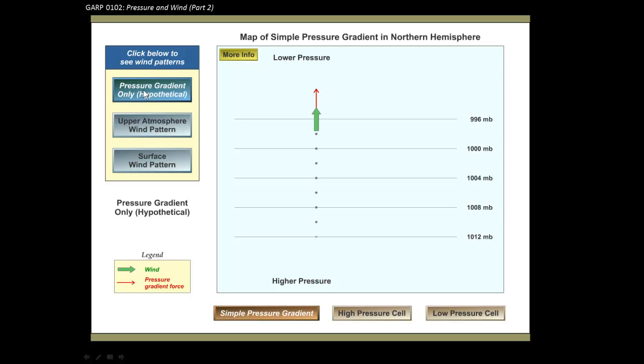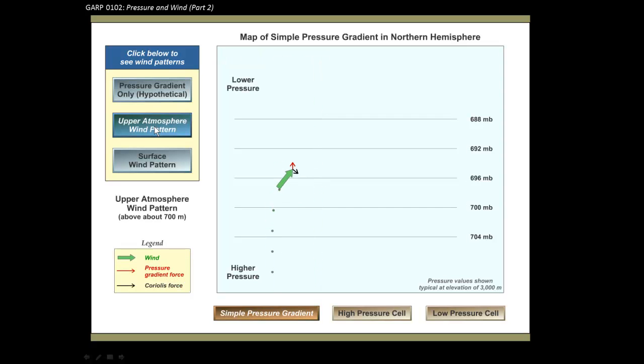That's not how it works, unfortunately, because the Earth is rotating, and this is what happens in the upper atmosphere. Now you have the pressure gradient force shown in red, you have the Coriolis force deflecting the wind in black. They balance each other, therefore wind direction is parallel to the isobars. So that's good.